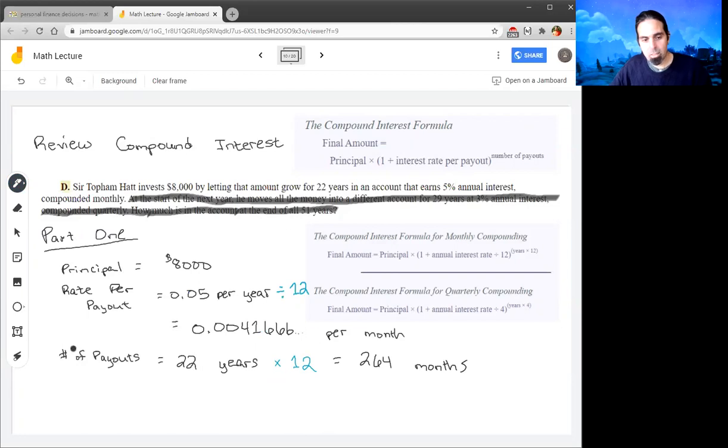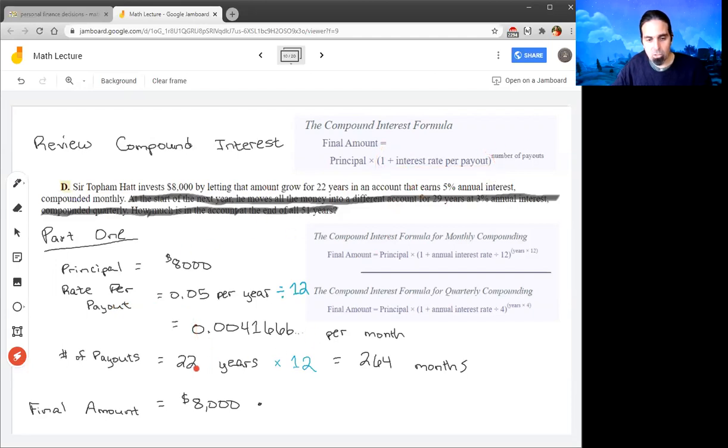So my formula up above is that the final amount is that principal times, now where there's 1 plus an interest rate per payout, I can just stick a 1 in front of this. I don't need parentheses.